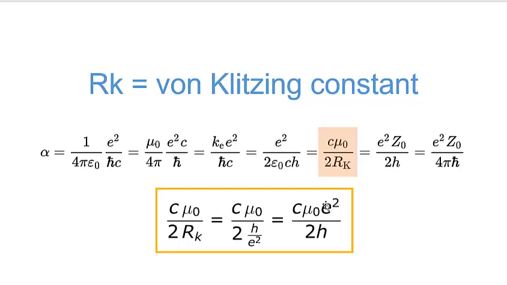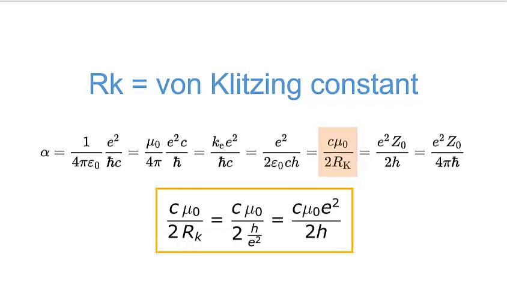And so that is the first part of the decoding, where I put this on the same terms as all these other ones that have an e squared term in them. So this is a good clue, the first clue as to the true meaning behind the fine structure constant.